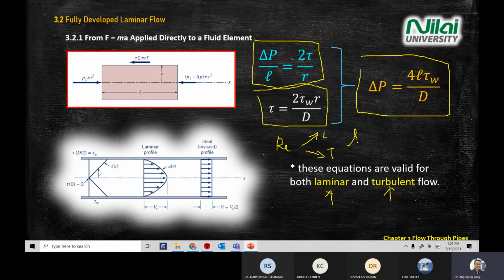Then, if you need to find the entrance length, you choose accordingly the entrance length equation, either laminar or turbulent. But if the question asks to find pressure drop between 2 points, whether it is laminar or turbulent, it is the same. Either of these three works for both scenarios, laminar or turbulent. Just for your info.